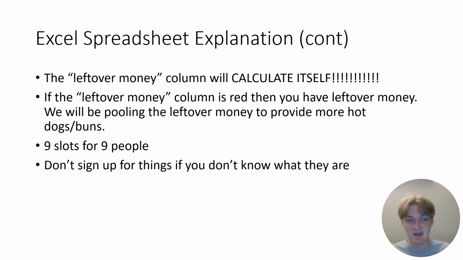If that column, after you've done your unit cost and your quantity, is red, that means that you have leftover money. With that leftover money, we're going to probably be buying more hot dogs and buns. How exactly that's going to work when we're filling out our green sheets, I'm not sure yet.